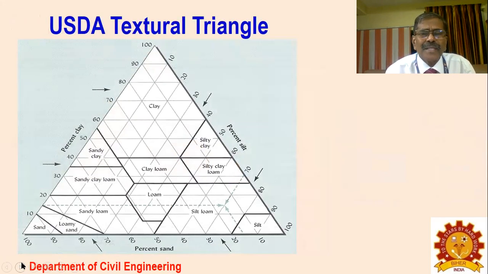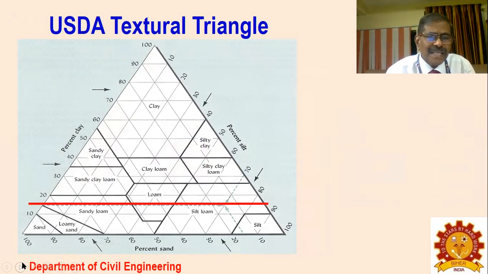So you can have the textural triangle. For example, you can have sand and then silt variations. Sand starts at 100%, full of sand material, at the leftmost corner. When the grain size reduces, it becomes silt, and on the right side you get silt material.